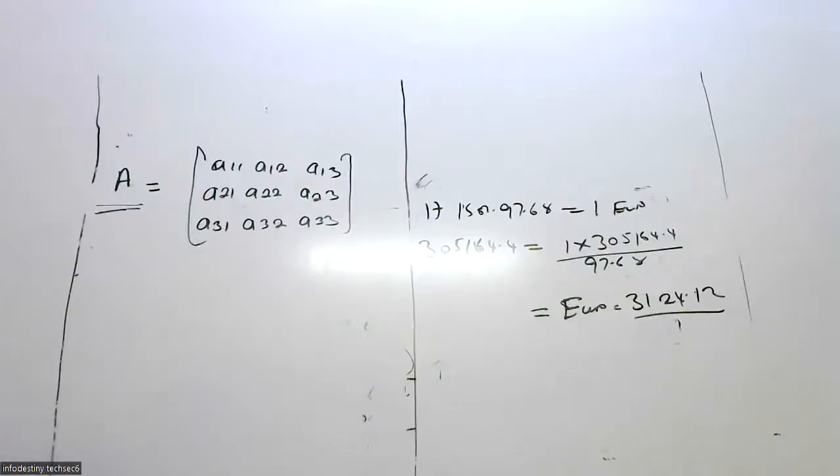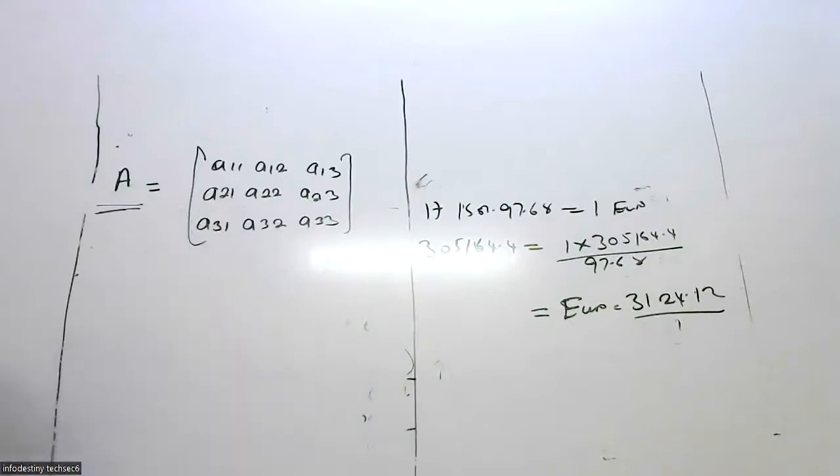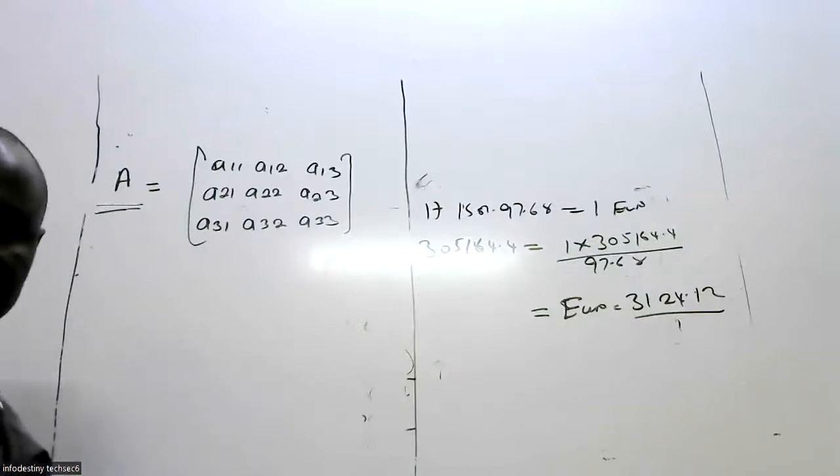The element A21 appeared in row 2, column 1. Now it means that we start with the row, then column. We are together. We start with the row, then column.